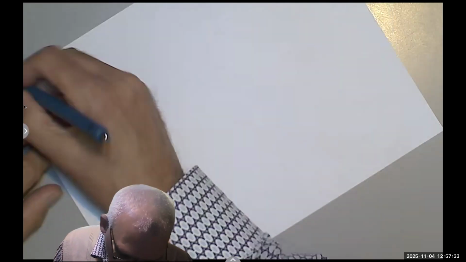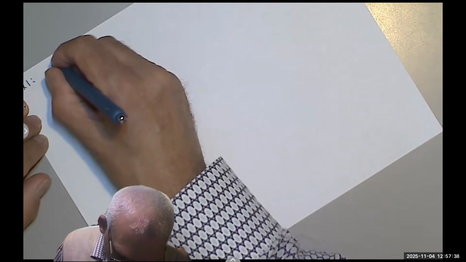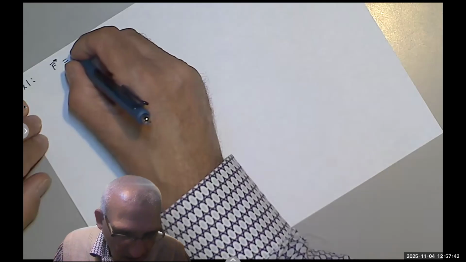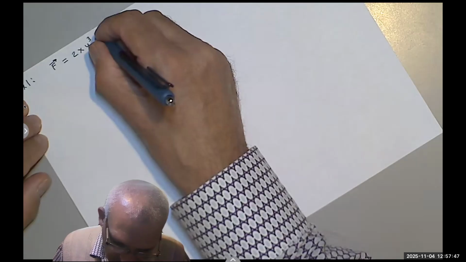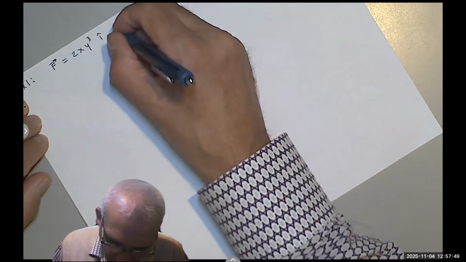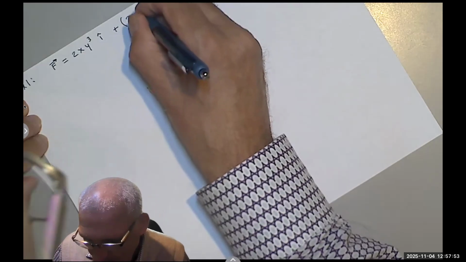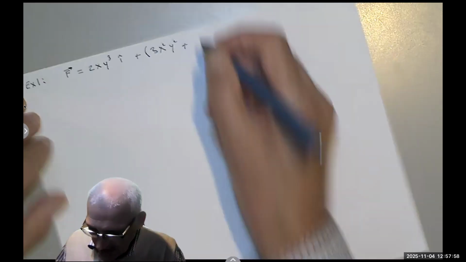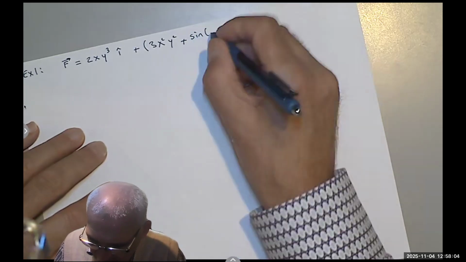The first example, example one: I have a force given to me as 2xy cubed in the i direction, plus 3x squared y squared, plus we can have any function here of y, let's say sine y or sine 2y even, it doesn't matter.